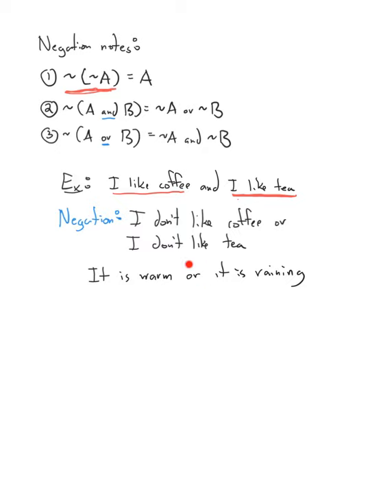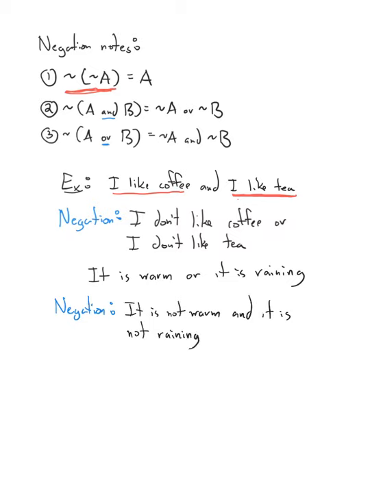Remember, ors are false exactly when both parts are false. So it would be false when it is not warm and it is not raining. So the negation of this is it is not warm and it is not raining.